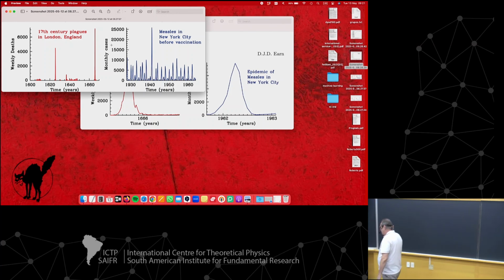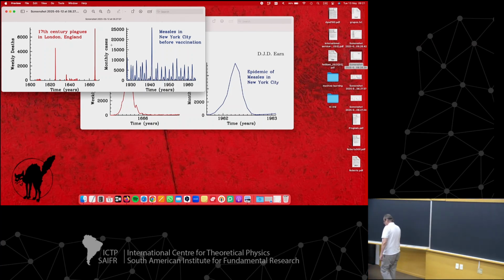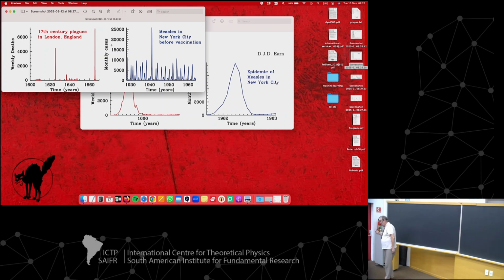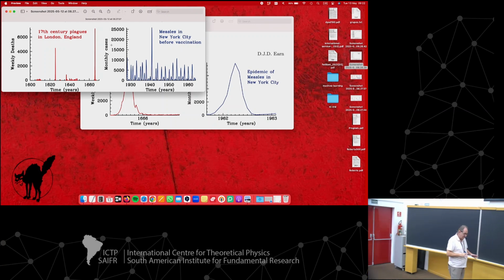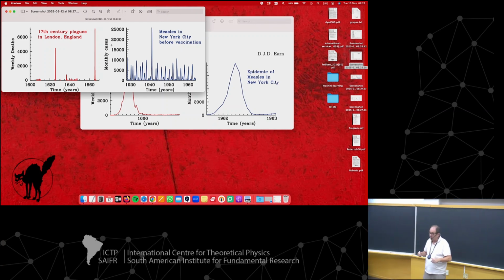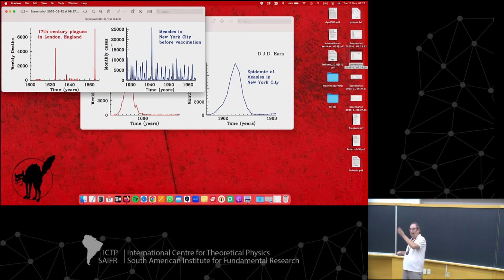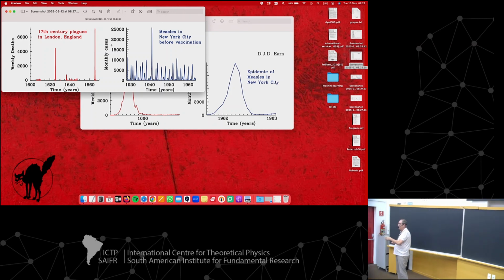So one thing that Renato explained yesterday was that if your immunity wanes, you have a certain immune period, but you become susceptible again, then you had these periodic things, okay?